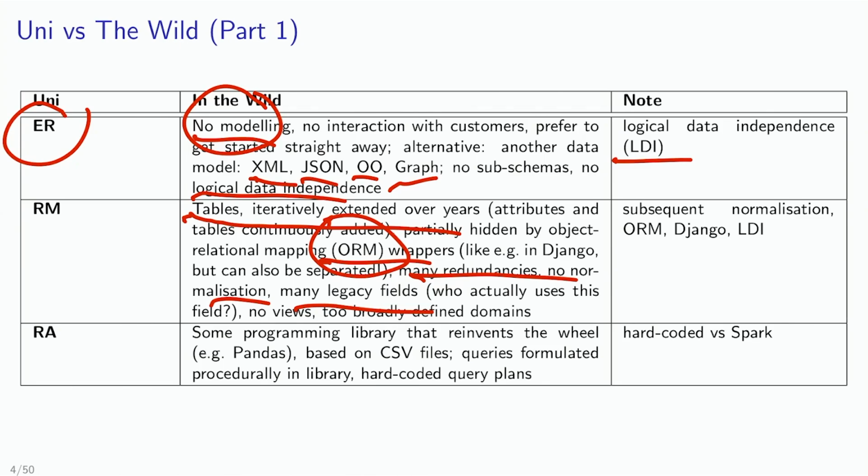Yeah, no views. We talked about views. That's a very powerful mechanism in databases to hide certain schemas. I will show that again in a moment. Or too broadly defined domains, or weirdly defined domains. For instance, for gender, you see people use a string as a domain, and then M for male, and W for woman, female, and then other letters, and it's not constrained, and it's unclear what you can enter there.